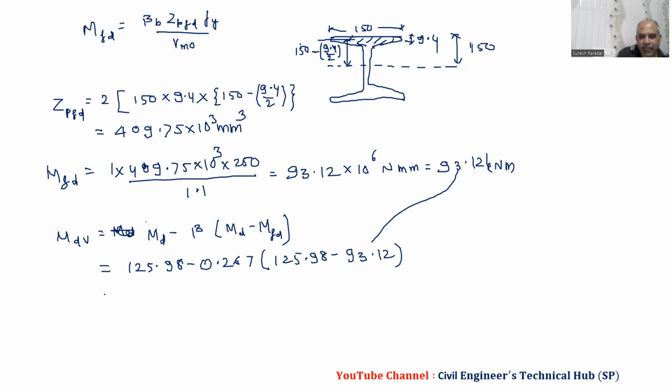And then we will have this value of MdV, 117.21 kilonewton meter, which is greater than 115 kilonewton meter, which is the value of Mu. And therefore we have design strength greater than Mu, therefore safe.